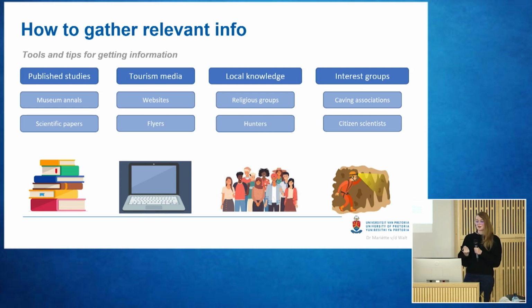And citizen scientists are also a very powerful tool to use. And that just makes the sharing of the research that we do so important, because if you can engage the citizens, they can actually be quite useful sources of information. So as an example, we published an article in The Conversation a couple of months ago, and I had someone emailing me saying, oh, he's from the Northern Cape, and he's noticed a decrease in fruit bats in his area because they always come and they eat the figs on his trees.